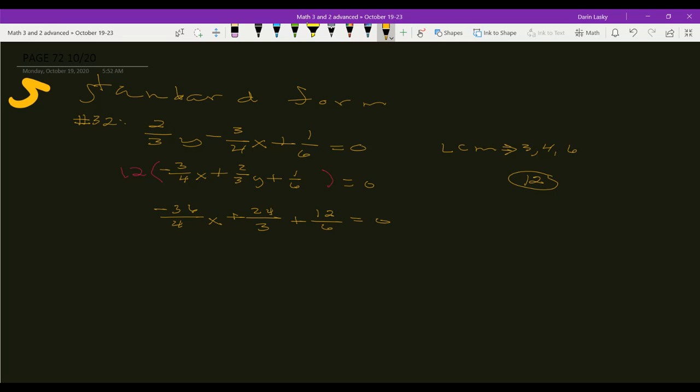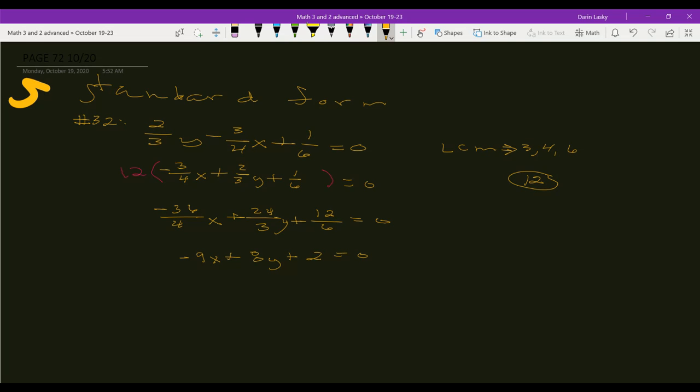Then I can clean this math up. 36 divided by 4 is going to be negative 9x, plus 24 divided by 3, which is an 8y, plus 2 equals 0.